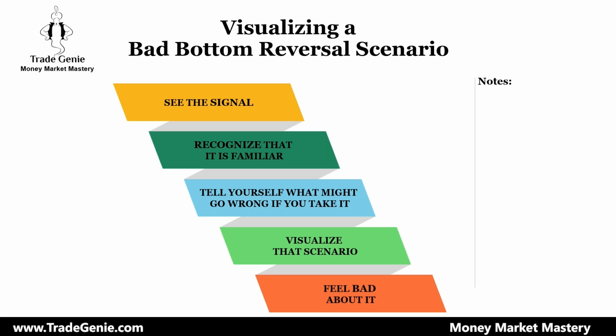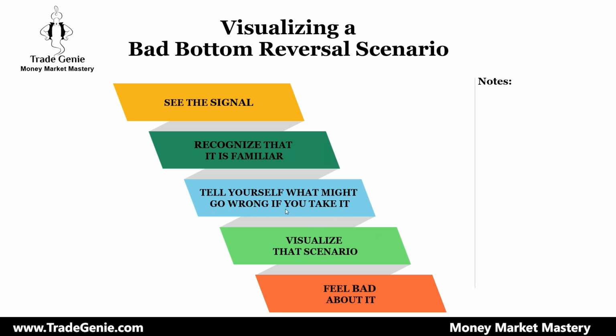But then you start telling yourself what can go wrong. So this comes in your mind, and you say, "No, this gap down, I don't know." I wait, and then you ignore, and then it just continues to fall apart. So when you're telling yourself what might go wrong, you start visualizing that scenario, how much money you will lose in that trade by taking that trade.